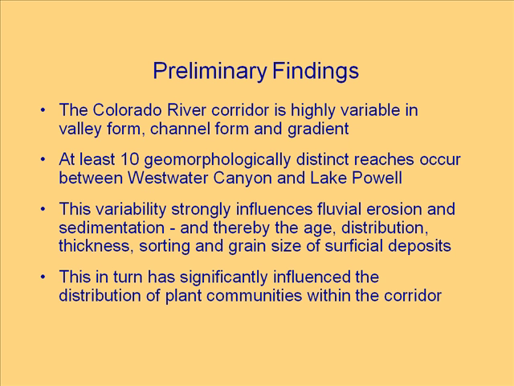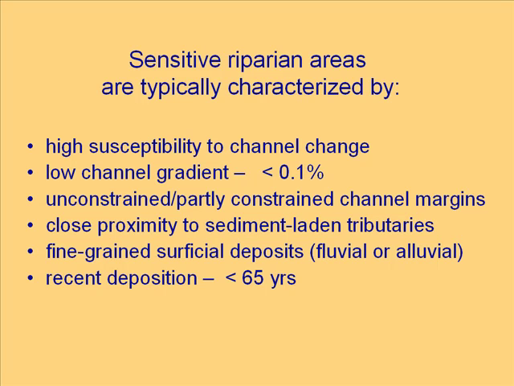And then finally, the one thing that we're beginning to get out of this preliminary look at the system is that those areas that are particularly sensitive are those areas where the surface deposits, the sediment deposits in the river system, are the most susceptible to erosion and then subsequent redeposition.